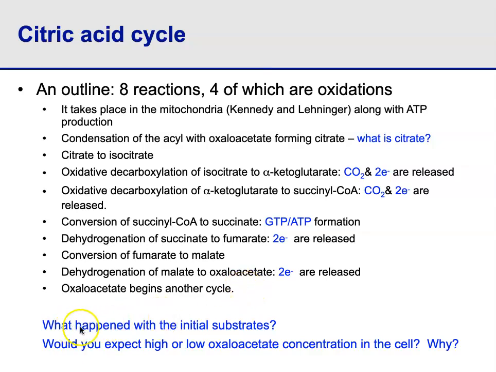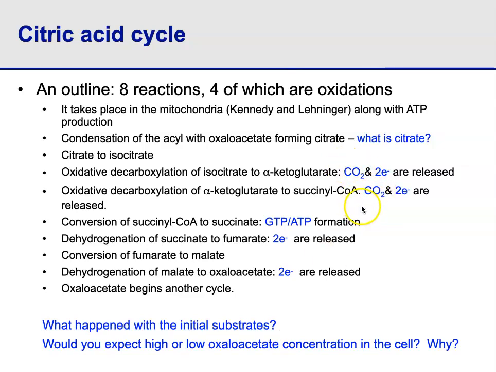Alright, so what happened with the initial substrates? So what entered the cycle? Acetyl-CoA and oxaloacetate. What happened with acetyl-CoA? It got degraded to carbon dioxide. 2 carbon dioxides were released.